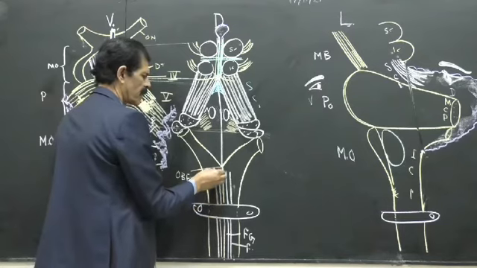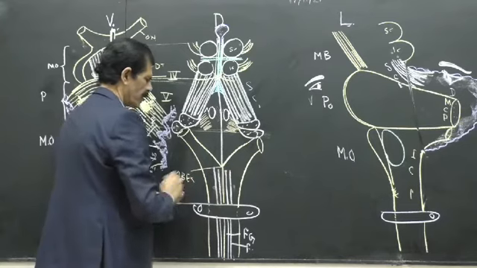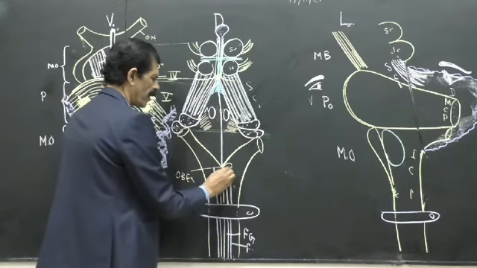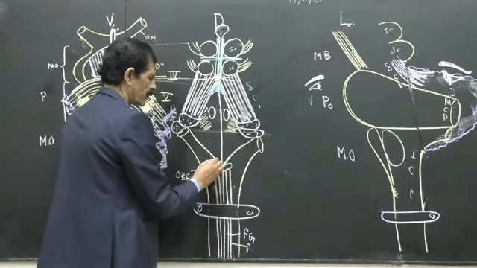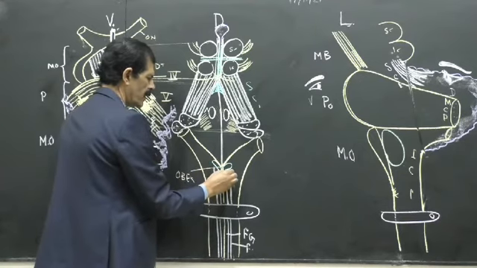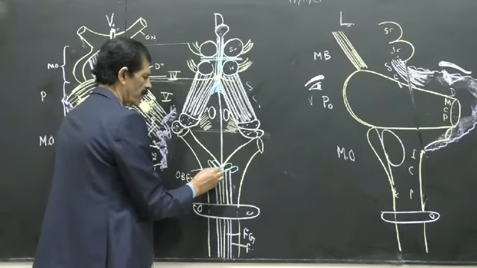Now here we can see their termination. Both the fasciculi, or bundles, terminate into grey matter, which is called the gracile tubercle and cuneate tubercle. So they are made up of grey matter, while the fasciculi are made up of white matter.